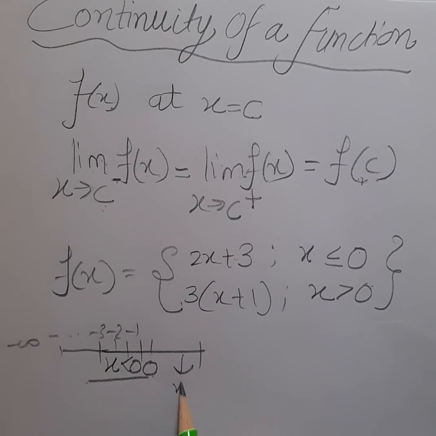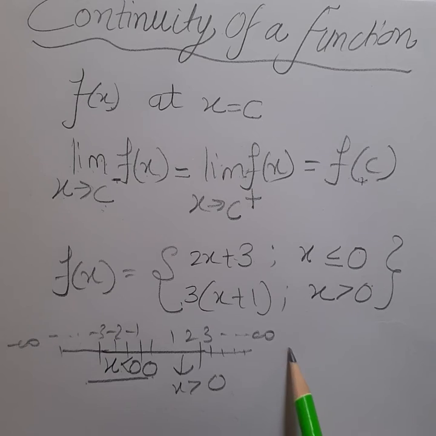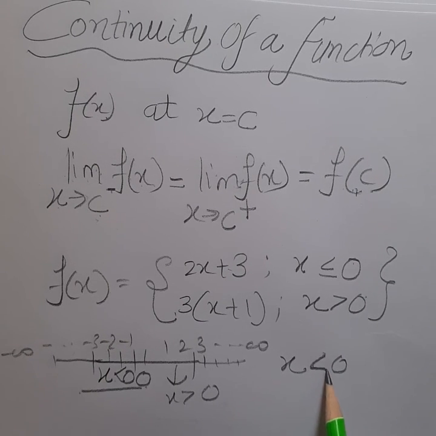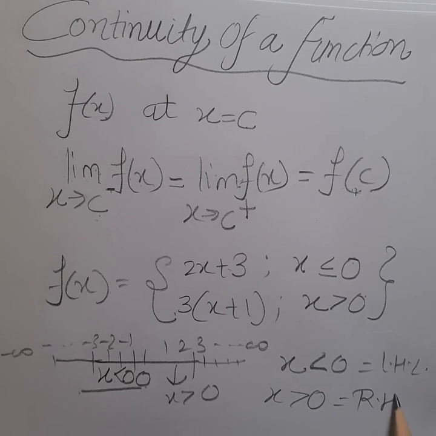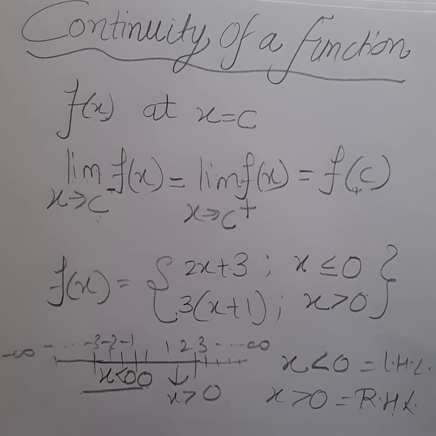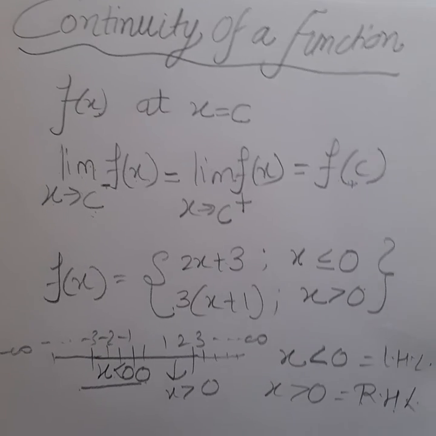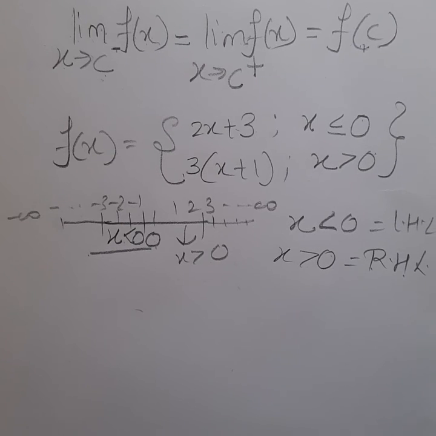When x is greater than 0, we talk about positive values like 1, 2, 3, up to plus infinity. So x less than 0 means left hand limit, and x greater than 0 or any number means right hand limit. So how can we check the left hand and right hand limit?